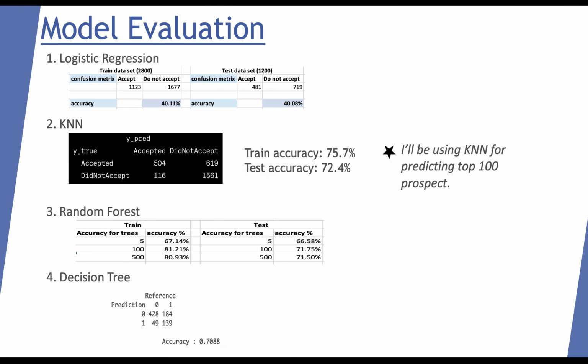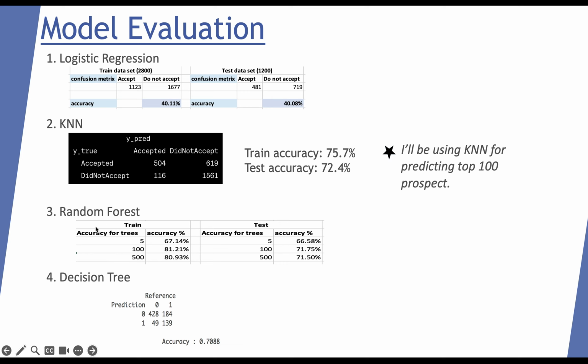Now let's compare the models. With the logistic regression model, our trained data set gave us 40% accuracy, 40.11, and the test data set gave us an accuracy of 40.08. KNN gave an accuracy of 75% for the trained data set and 72% for the test data set.